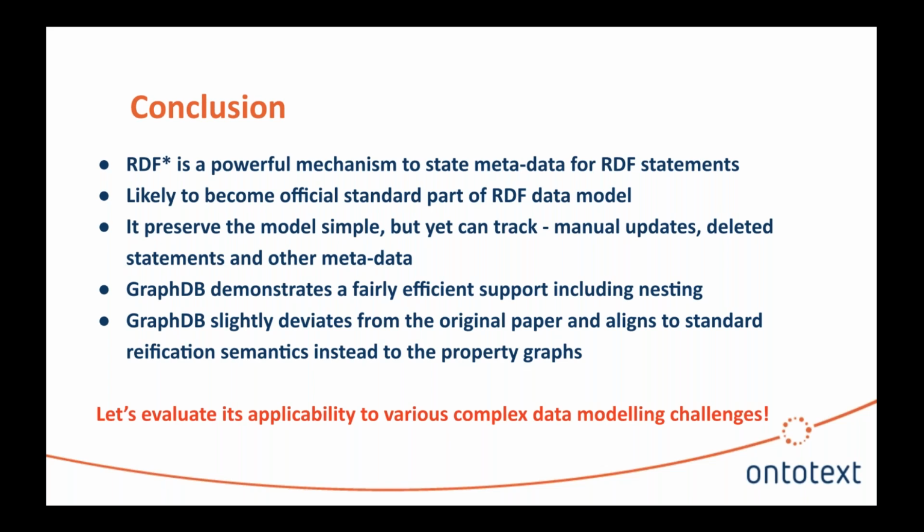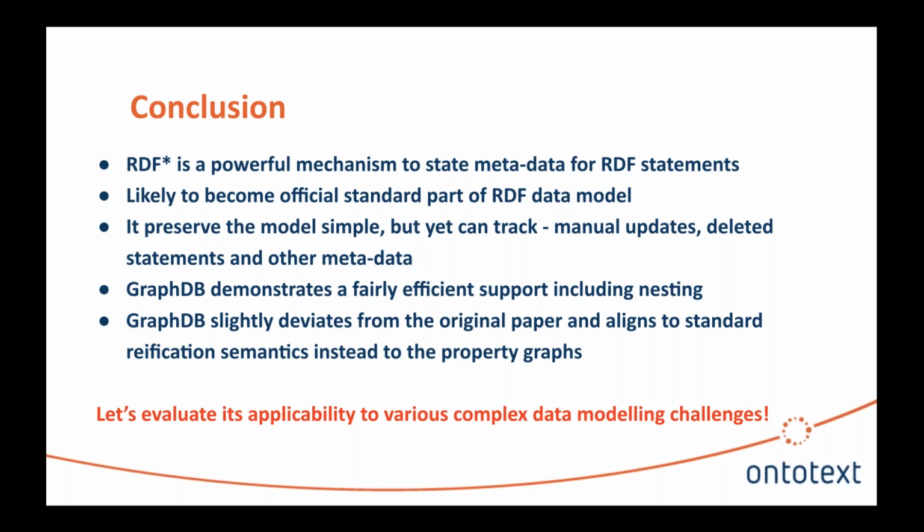We also tested the implementation rigorously, and it is fairly efficient, so it is not going to slow you down once you import huge amounts of metadata about your statements. And we point out very clearly where we deviate from the original paper, because we are not implementing this exactly as property graphs. GraphDB is still an RDF store, so we decided to reuse the positive things from property graph modeling and implement them in GraphDB.